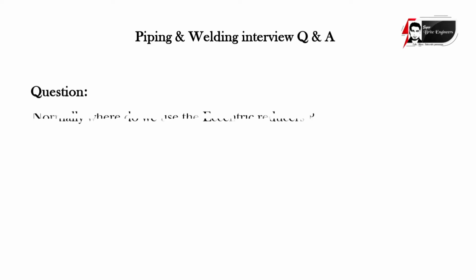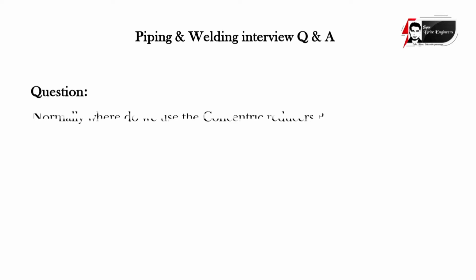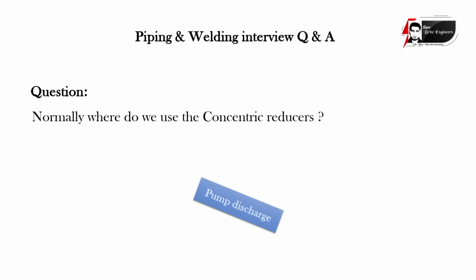Normally, where do we use an eccentric reducer? Pump suction, to avoid cavitation, and to maintain the elevation in the rack. Normally, where do we use a concentric reducer? Pump discharge.